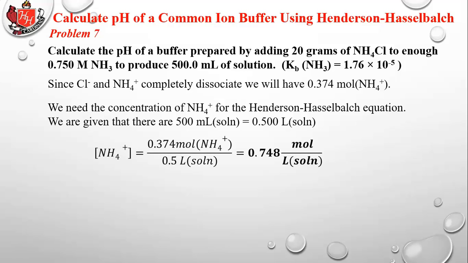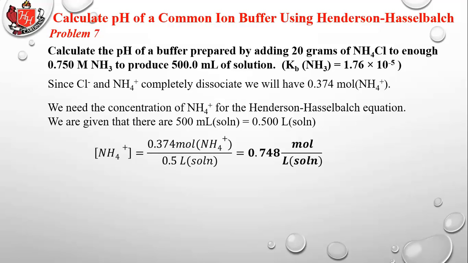So for the concentration, it's moles per liter, so 0.374 moles of ammonium over 0.5 liters of solution, that's molarity, gives us 0.748 molar. So that's the concentration of the weak acid.